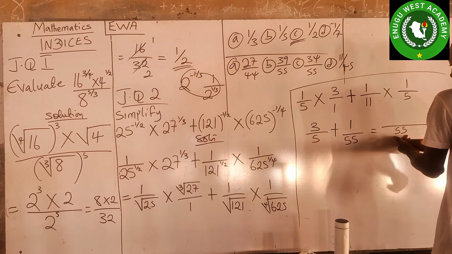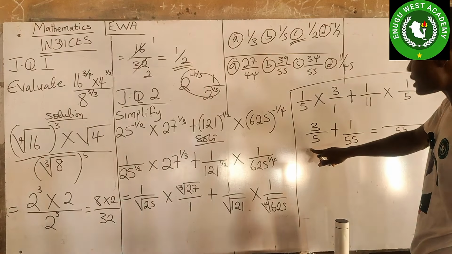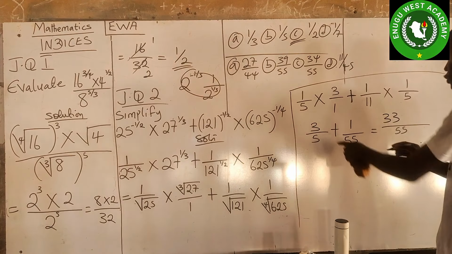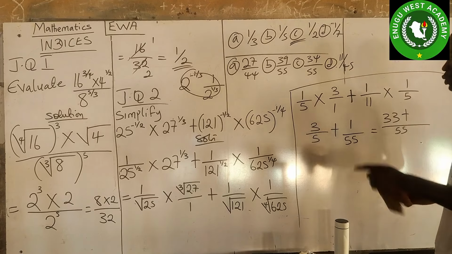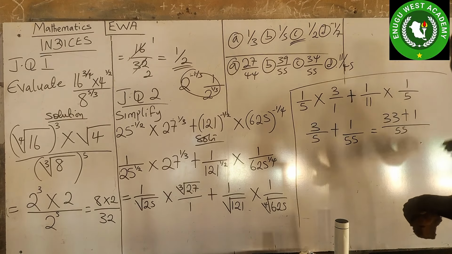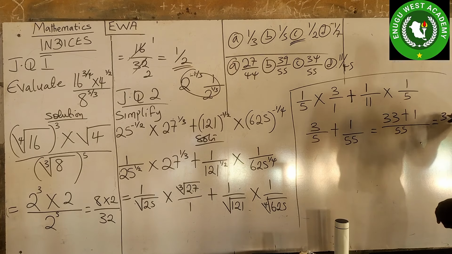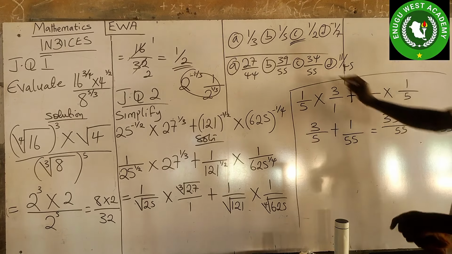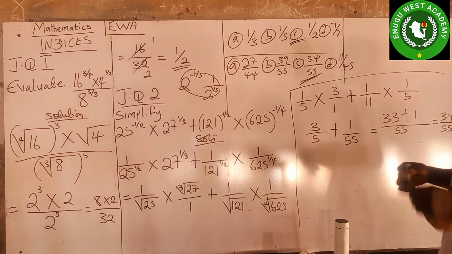So 55 divided by 5 will give us 11. 11 times 3 is 33. You put your plus. 55 divided by 55 will give us 1. 1 times 1 is 1. So which will give us 33 plus 1 is 34 over 55. So in our options, we have 34 over 55. So option C is the correct answer.